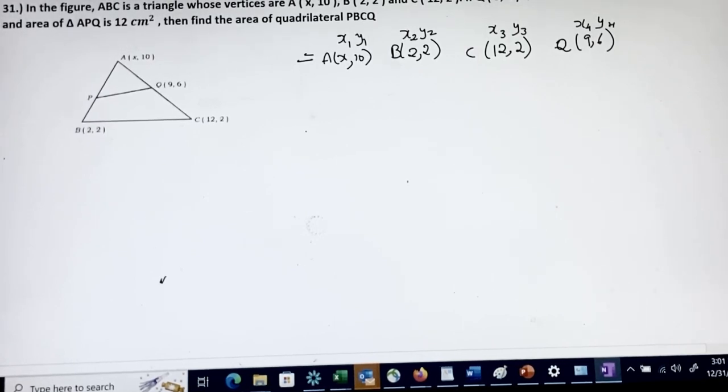So since Q is a midpoint of AC, we know the formula for this. Okay, we have to write Q is they have given this in the question. Q is the midpoint of AC. Then what is the midpoint formula? x1 plus x2 divided by 2.